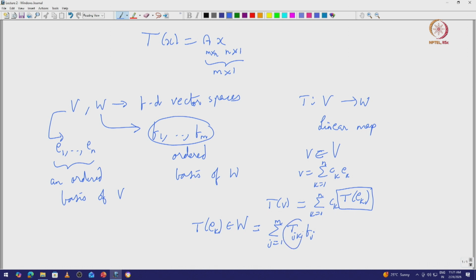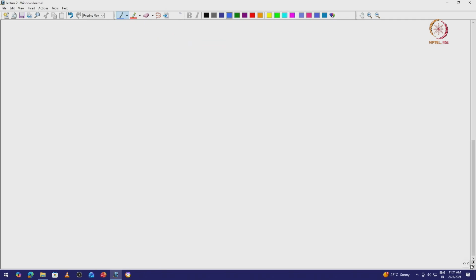These T_jk's are scalars, right? By the way, it might puzzle you as to why I am writing jk f_j as opposed to kj f_j. You will see so in a moment, yeah, but this is just convenient for our purposes.